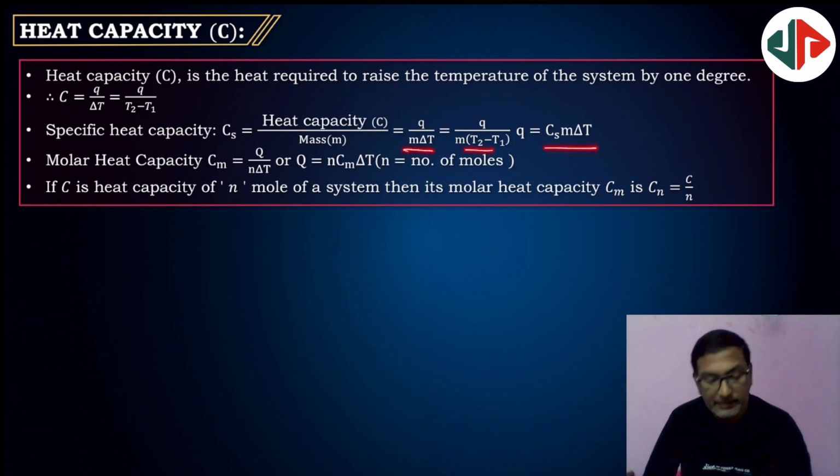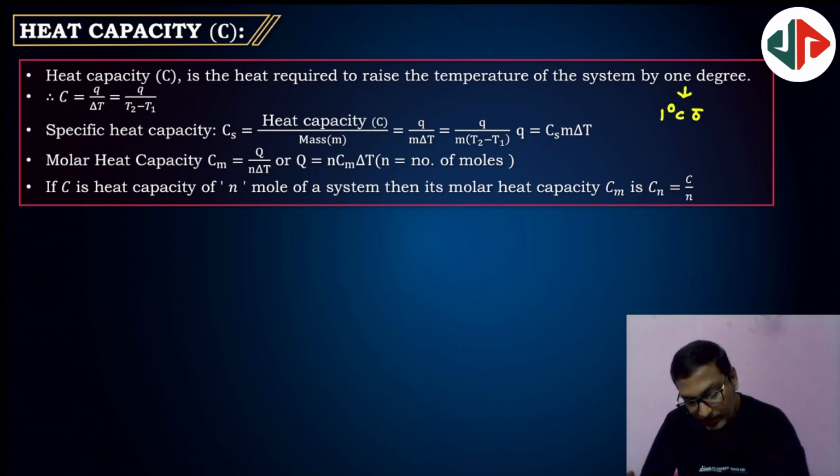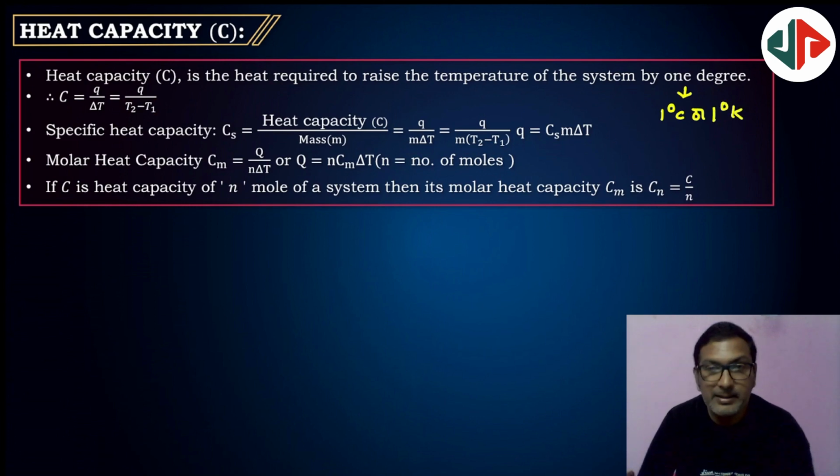This is the formula. Next, molar heat capacity. That means the amount of heat required to raise the temperature of 1 mole of substance by 1 degree centigrade or 1 degree Kelvin. Both are the same. The difference of temperature is the same in both the scales.